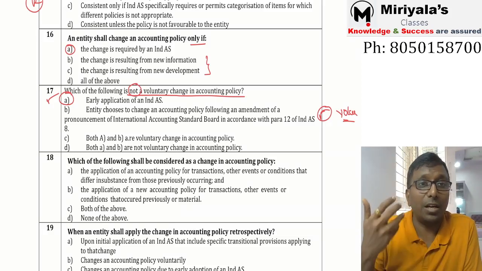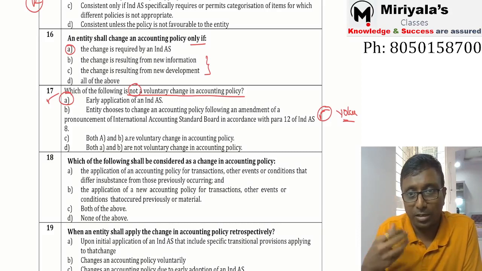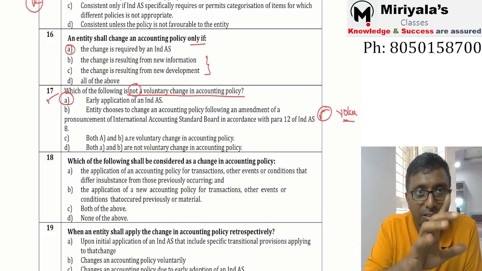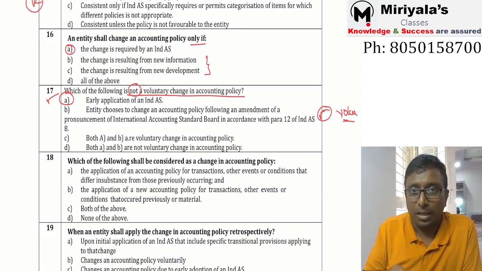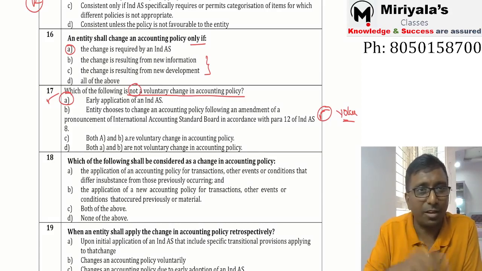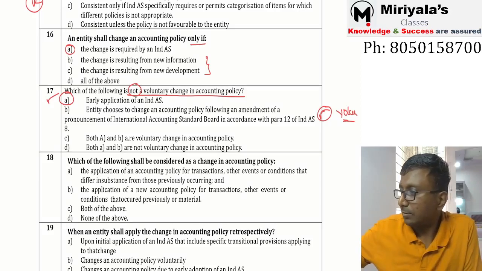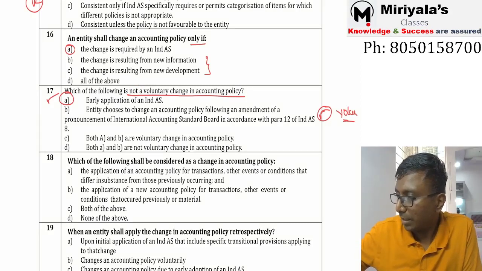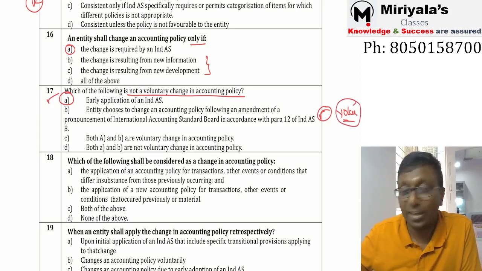This is not voluntary. He is asking for not a voluntary change. Yeah, that will be falling under it. Have you got it, or have I confused you? He's asking which is not voluntary, and whatever I told you earlier is voluntary.